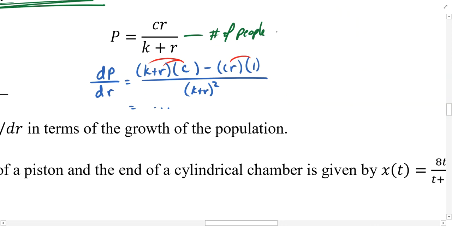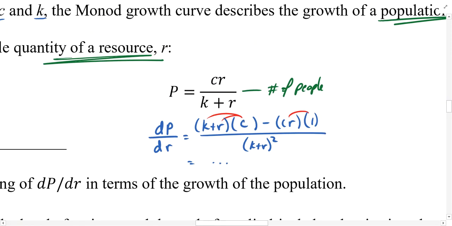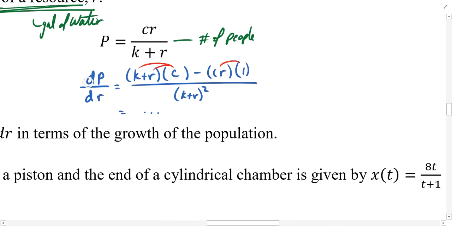And so let's say the resource that we're using is, I don't know, gallons of water. So the number of people that are supported in this population is dependent upon the amount of water that's available. And so when we talk about the derivative, that would be the amount of people that can be supported based on that particular resource. So in this example, it'd be people per gallon of water.